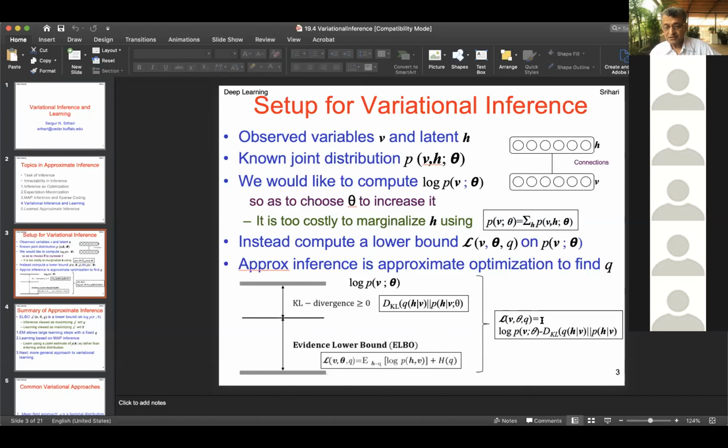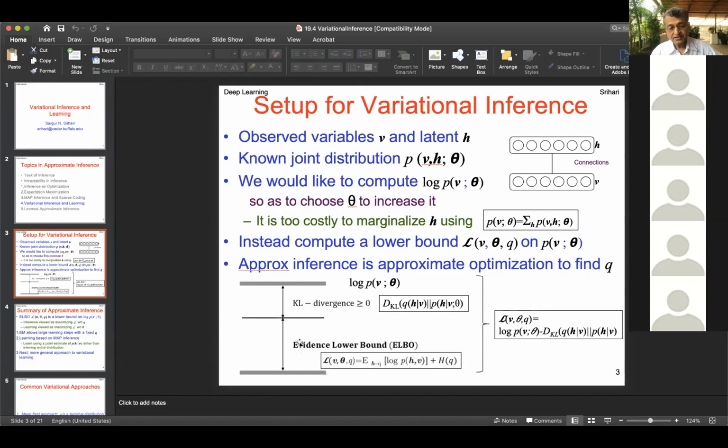This evidence lower bound is defined right here, equal to log P(v; theta), which is exactly what you're looking for, minus the Kullback-Leibler divergence between a Q distribution and a P distribution, defined in terms of conditionals here. If we have chosen the Q(h given v) nicely, then the D_KL goes away and your L becomes exactly equal to log P. So this line here reaches all the way to the top.